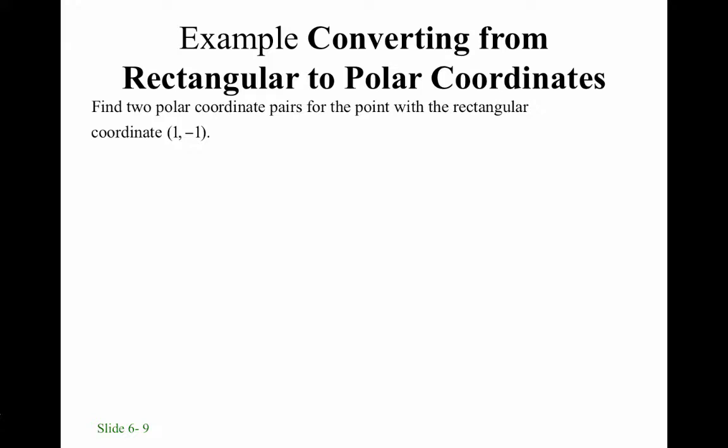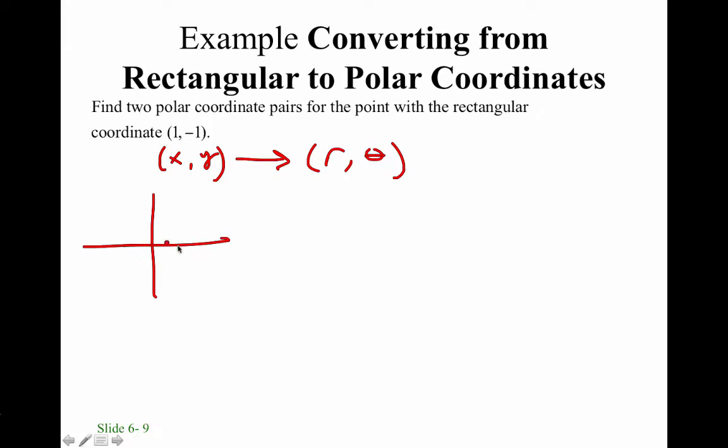Find two polar coordinates. So now they've given me x and y, and we want to go to r and theta. Okay. I think the best way to do this is probably to draw a picture of 1 to the right and 1 down, and there's my negative.